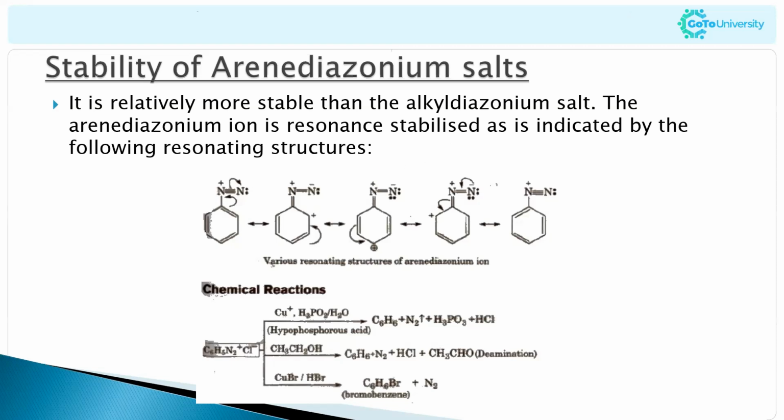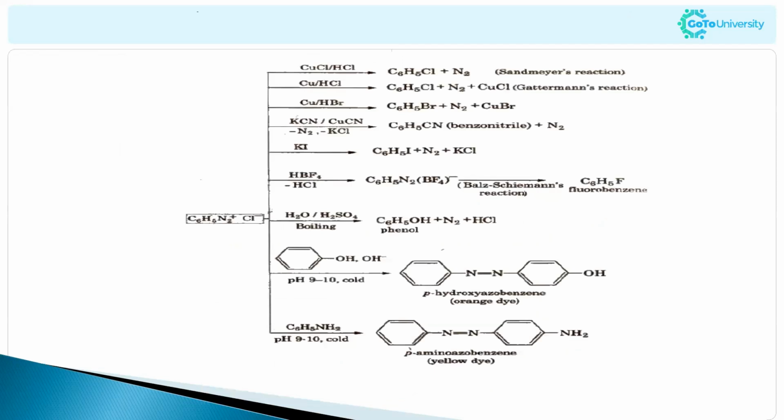That's why they are stable. So this jumping of electrons or the delocalization of pi electrons is important. This is how they are becoming stable. And there are some chemical reactions of these compounds as well. Note it down. Now, the next one, see, there are many other reactions as well. So these reactions are also important. Write it down.